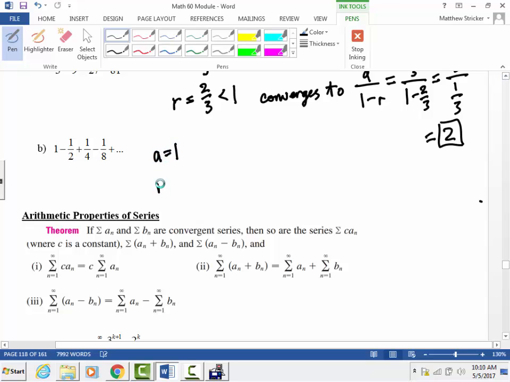A equals 1 and r equals -1/2, yeah? Agree or disagree? Converge or diverge? Because the absolute value of that is less than 1, so it converges.